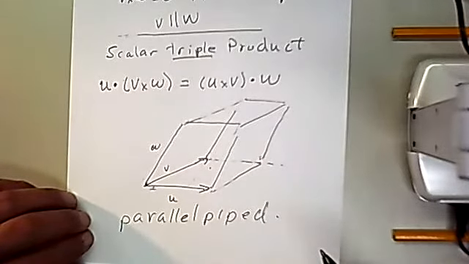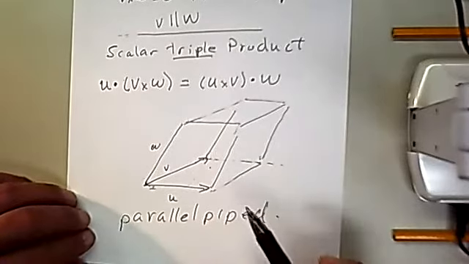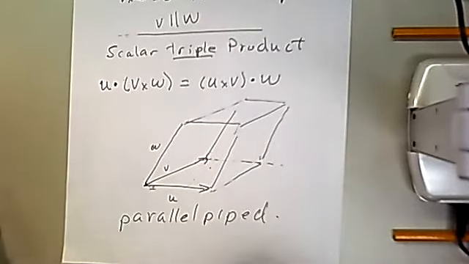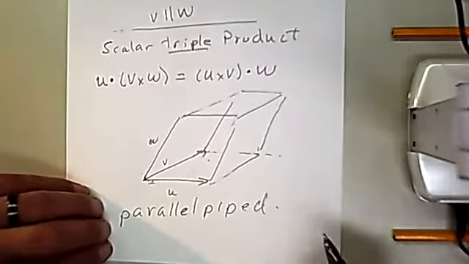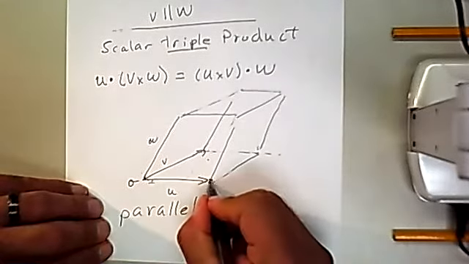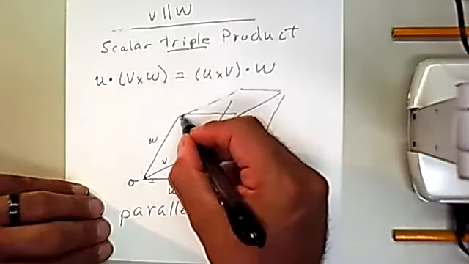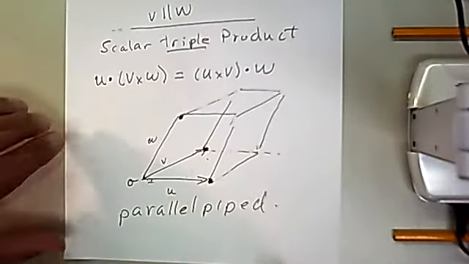This can also tell you whether four points are coplanar. Mind, we have three vectors, but we have four points in play here: the origin, u, v, and w. Let me take the time of doing this.